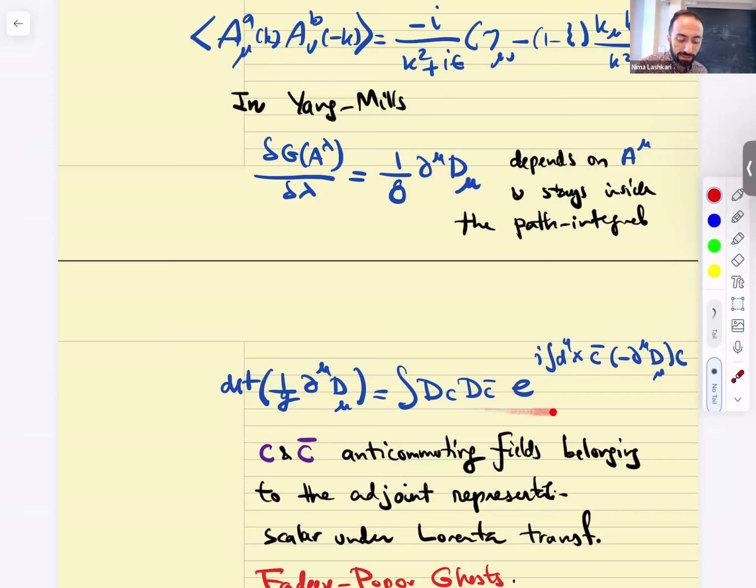This is an identity for anti-commuting fields that are in the adjoint representation under the gauge group and scalar under Lorentz transformations. Why should they be anti-commuting? If I just replace these guys with commuting fields, what's going to be different? The result is only inverse. Yeah, I'll get a -1 up here. Beautiful. That's the reason they came out to be anti-commuting: I got a determinant, not a determinant to the power -1.